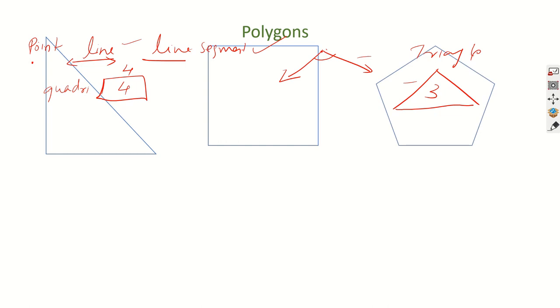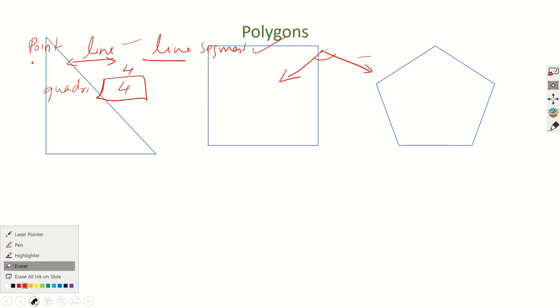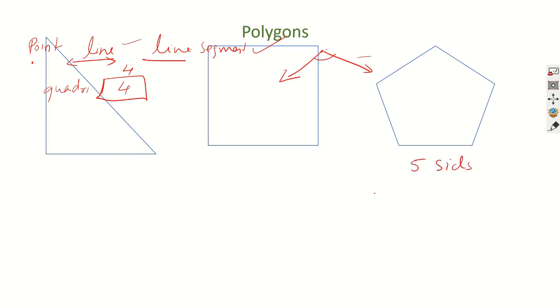Triangle, quadrilaterals. If there are five sides like this, a five-sided figure, we call such a figure, this is quadri, four.